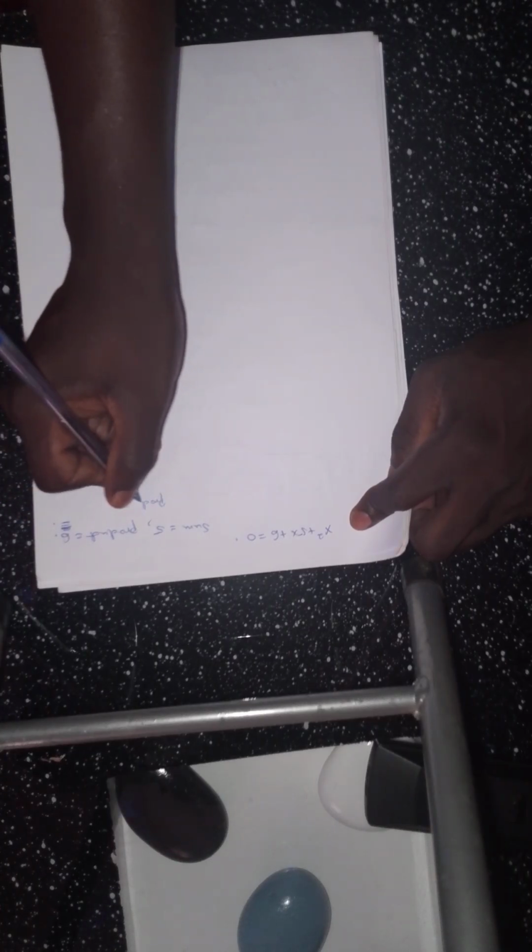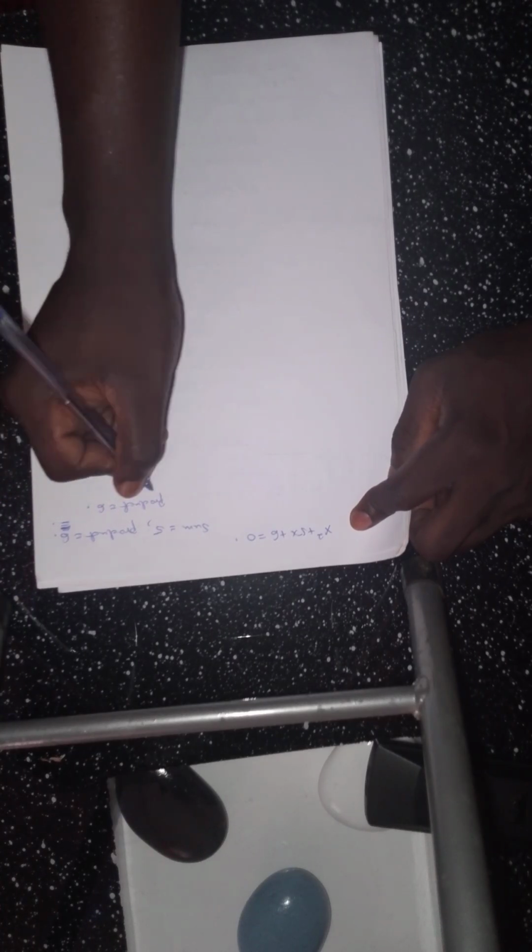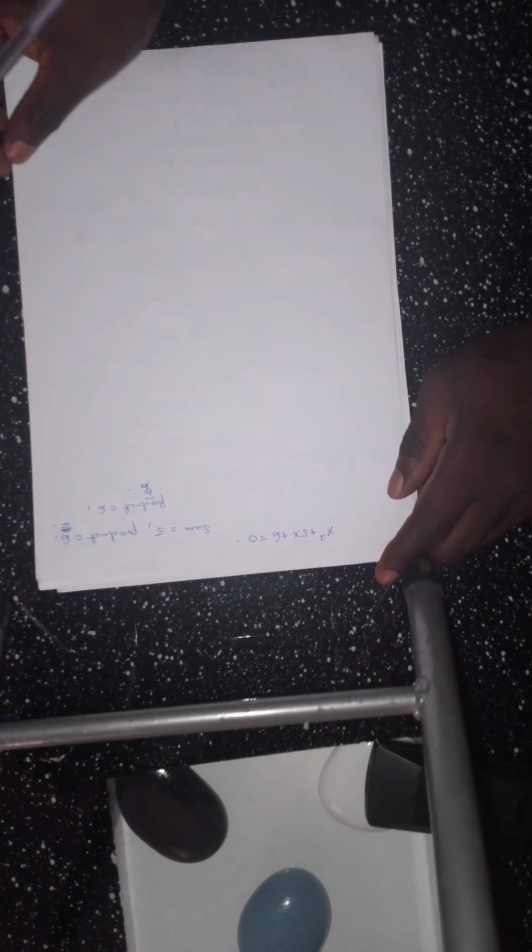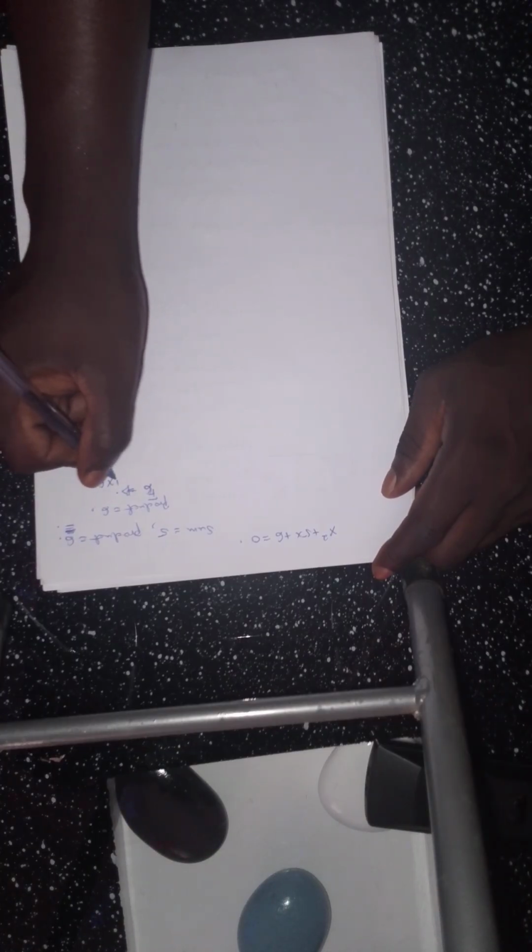We use the product to get the roots that we are talking about. So our product, which is 6, we are going to look for the factors of 6. So our factors of 6 include 1 and 6, because 1 times 6 is 6. We have 2 times 3, which is also 6.